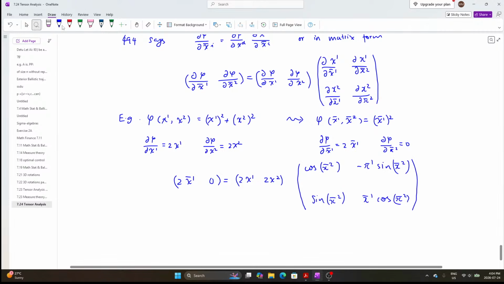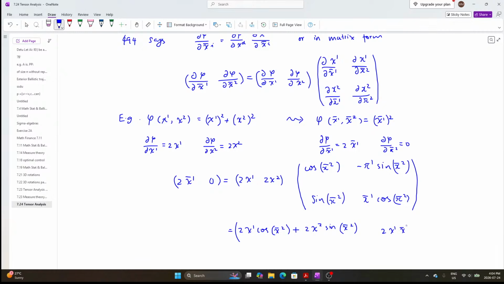Let's do the multiplication, and this way you get 2x1 cosine of x bar 2 plus 2x2 sine of x bar 2. And then the second entry would be 2x1 x bar 1 sine of x bar 2.